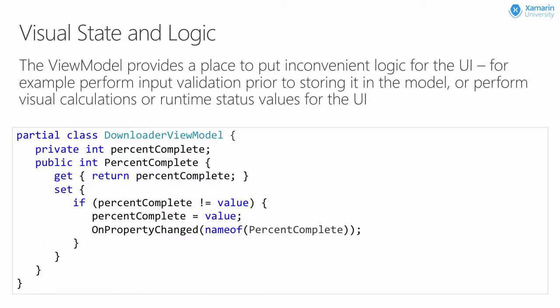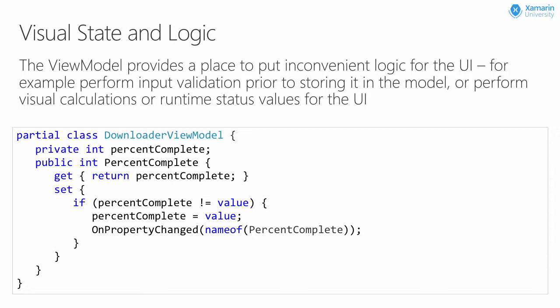And lastly, the view model provides a place for inconvenient code to be placed. This is code that doesn't belong in the view because it's not visual in nature. But it also doesn't belong in the data representation layer either. So for example, consider things like selection. It's a transitory state that won't typically be persisted.